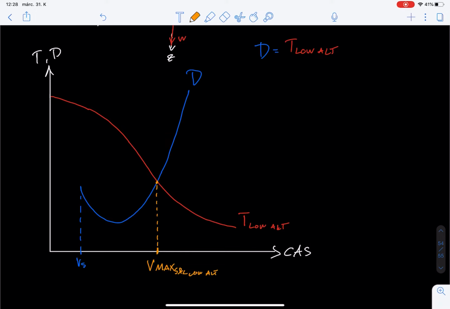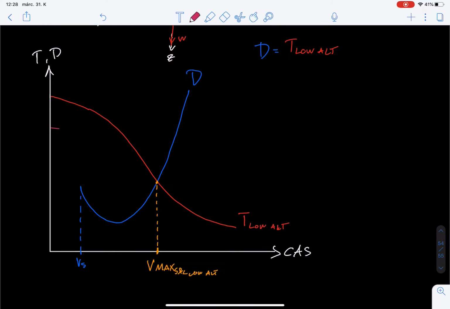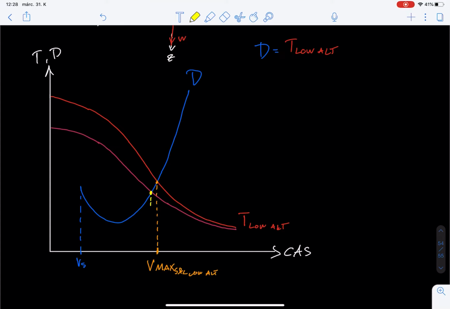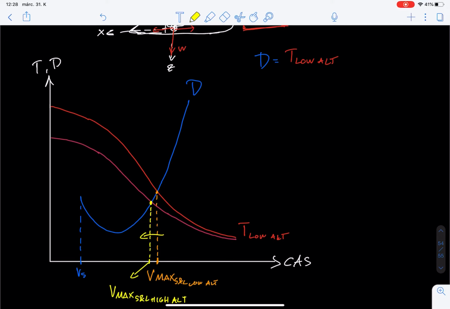Okay, so what happens if you climb to a higher altitude is this curve shifts lower in such a way, and what we can see is that the Vmax straight and level for the high altitude occurred at a much lower calibrated airspeed than for the lower altitude, right?